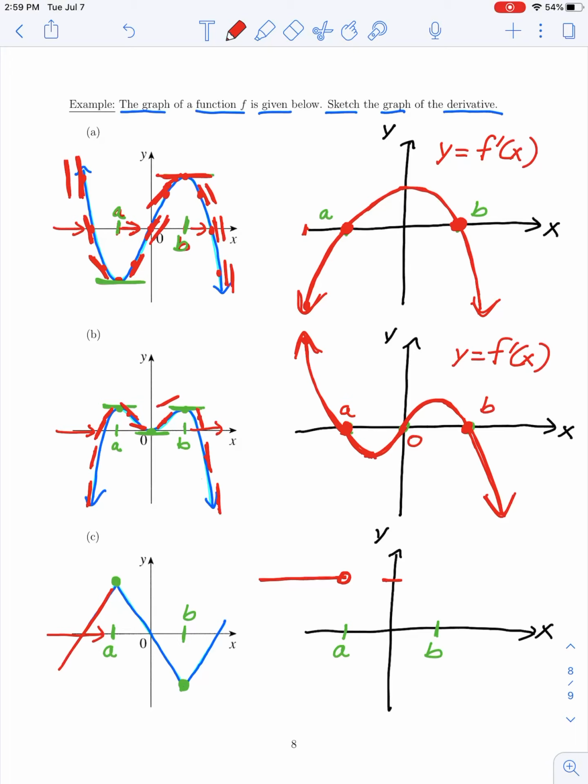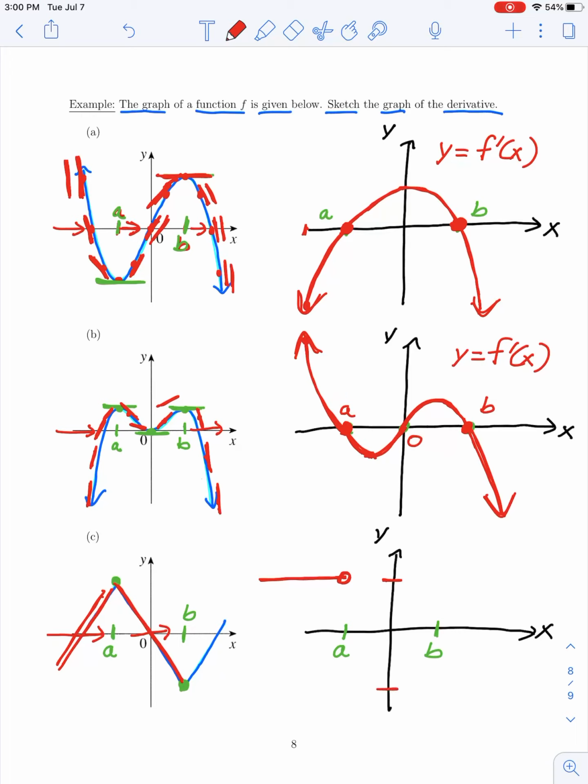Now once we move past a, everywhere from x equals a to b, our function is a line segment. So our tangent line is exactly that line segment, and it has a constant negative slope. It looks like the same value as the positive slope that we had to the left of a.